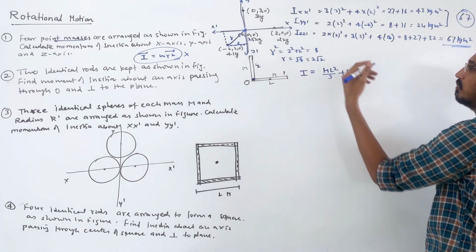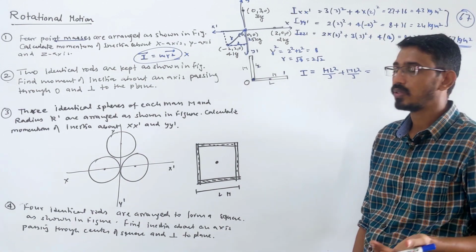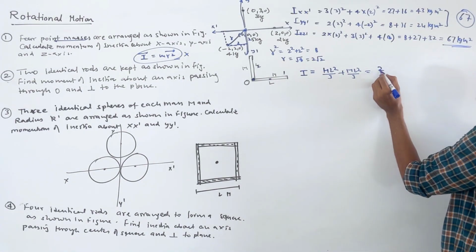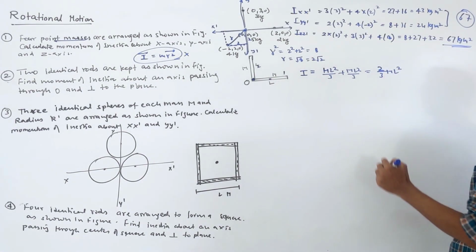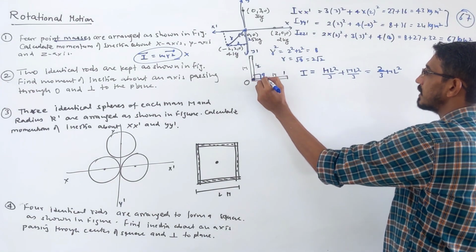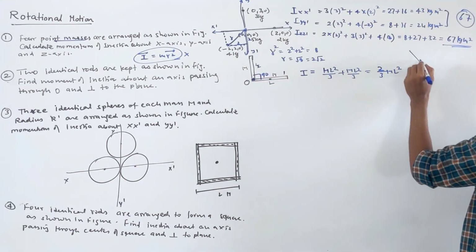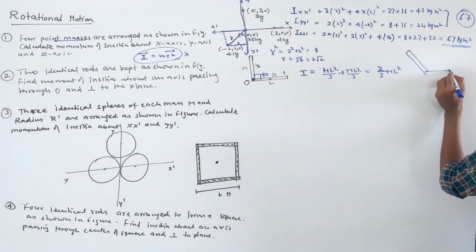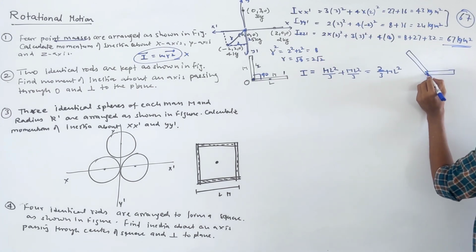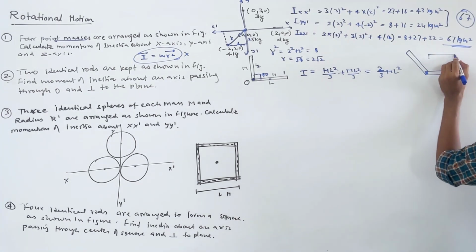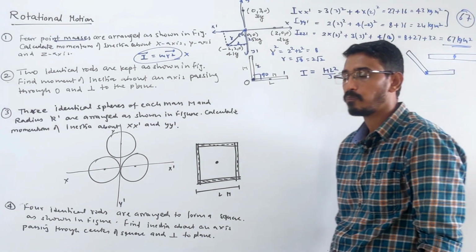Two rods are there, both about the end of the rod, correct? So this becomes 2 by 3 of ml square. It is very interesting: here the angle is 90 degrees, but it doesn't depend on the angle. Put the same rods at any other angle and the answer will still be the same. Or put them exactly this way, still the answer will be the same.